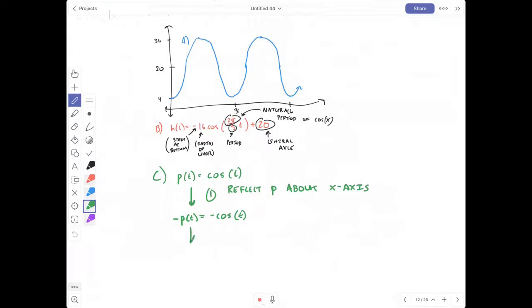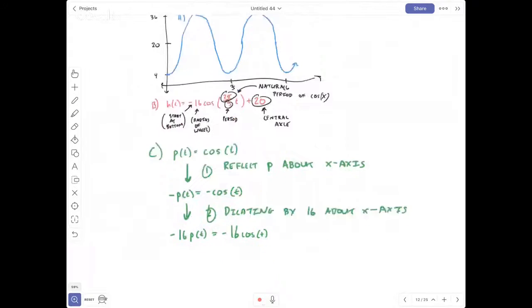Then the next step, I want negative 16 p of t, which is negative 16 cosine of t. In step 2, I'm dilating by 16 about the x-axis.